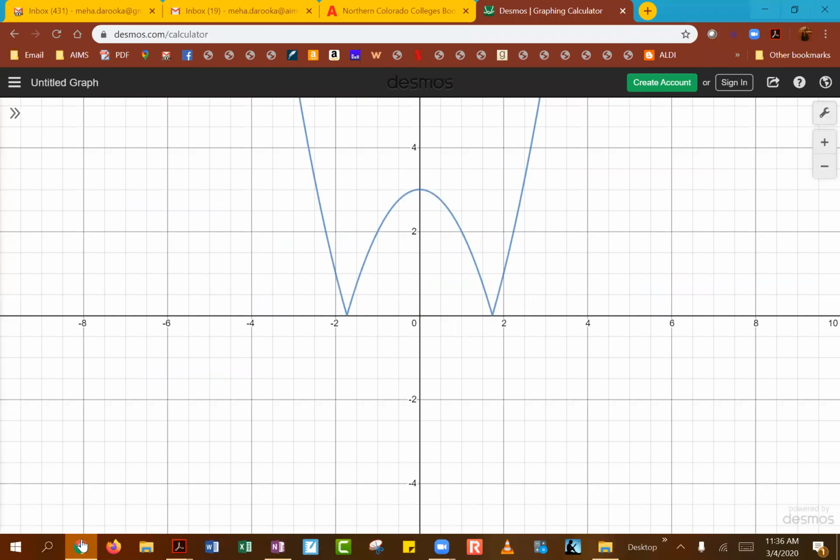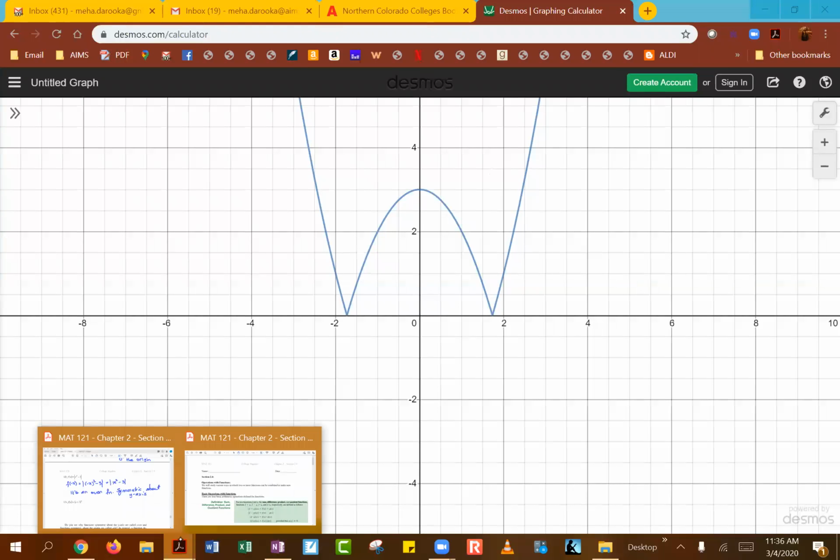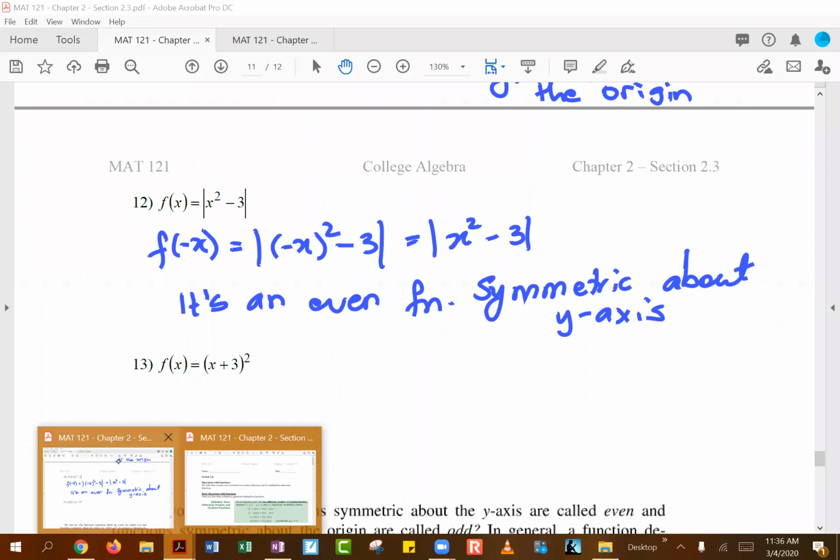If we were to fold right along the y-axis, our two halves would coincide. Or you can think in terms of distance: if I take the distance from this point to this point, and then from this point to this point, it's going to be equal distance. With the y-axis, you can just fold along the y-axis and see if your two halves coincide, which this guy does. And we just proved that algebraically when we put our negative x in and still came back with the original.